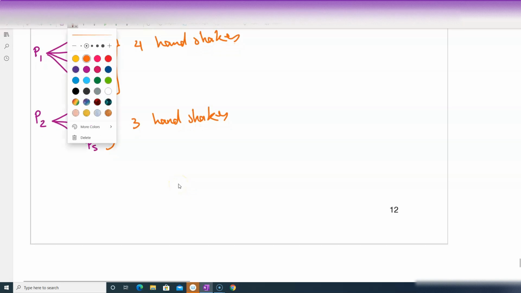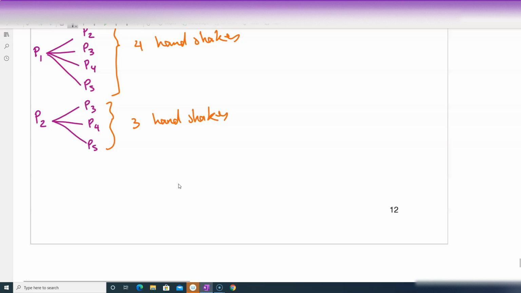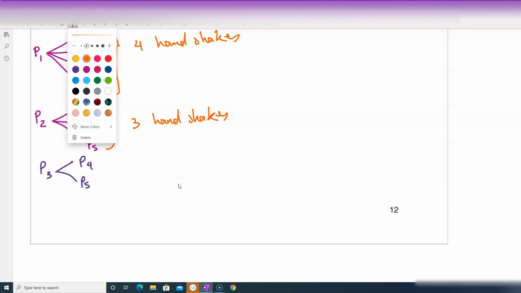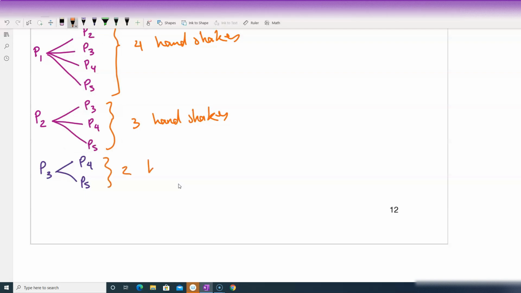Continue like that. Now here between these we didn't have handshakes. We're not repeating that part. Now starting with P3. So P3, handshake with P4, P5. So here we have 2. And finally, on this part we have these 2 should have handshakes, P4, P5.